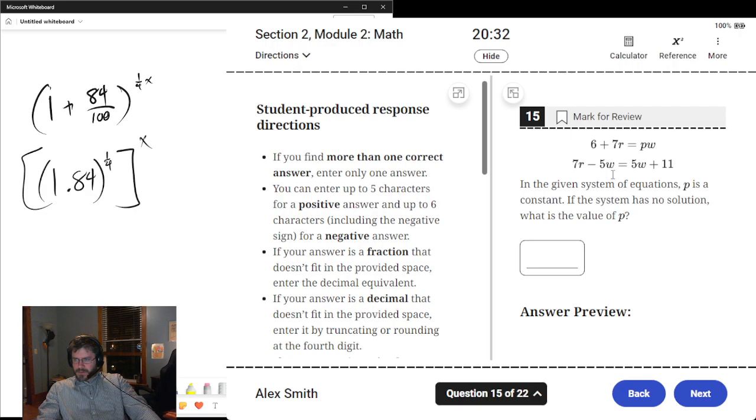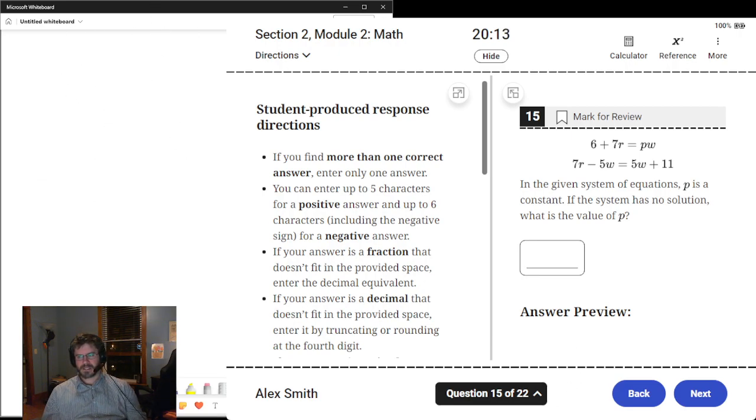Okay, we have a system of equations again. No solution. There's a value of p. These all appear to be linear. No solution. Ooh. Okay, so you add that. Let's combine like terms. Just get things by themselves first. So 6 plus 7r equals pw.